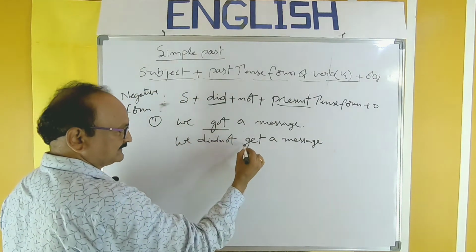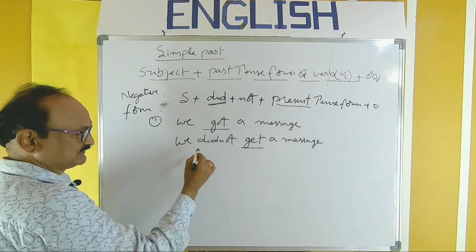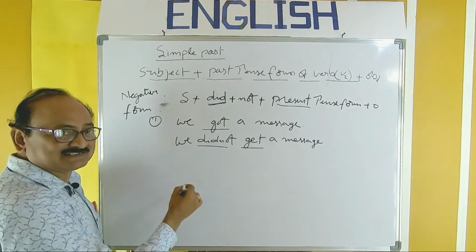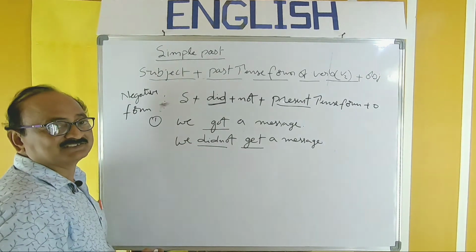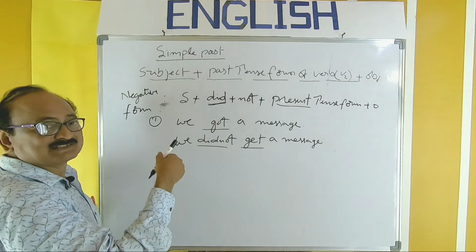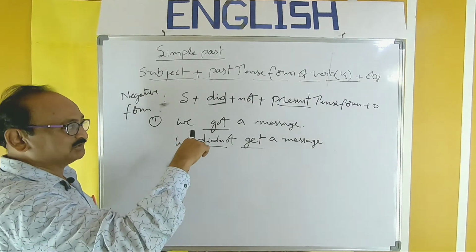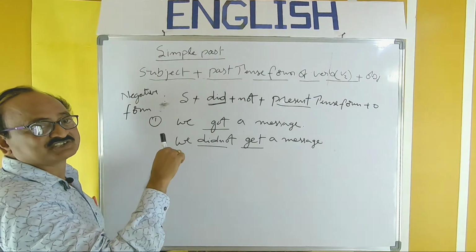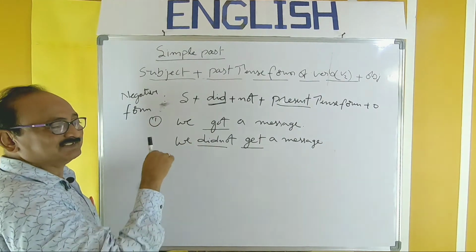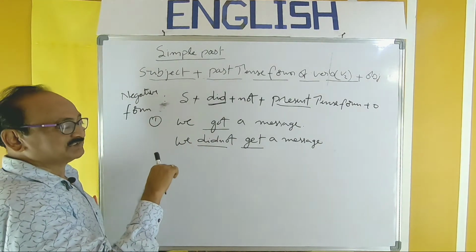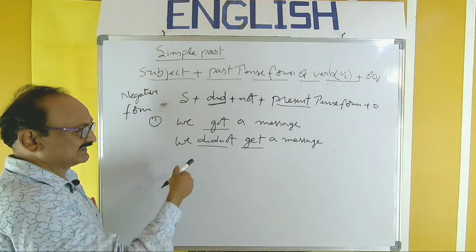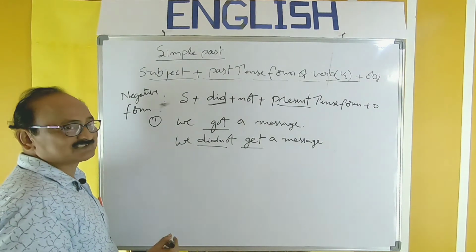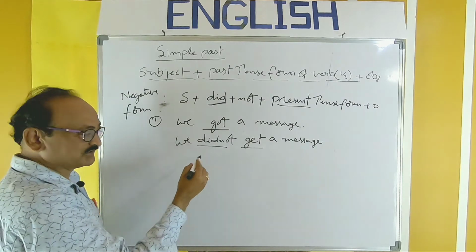So got becomes get, present tense form, of course, with did. With all persons and numbers, we can use did. No discrimination. In simple present, we used do or does. There is a discrimination: with he, she, it, does should be used, and with other persons and numbers, we used do. But here, no such difference. Only did should be used.